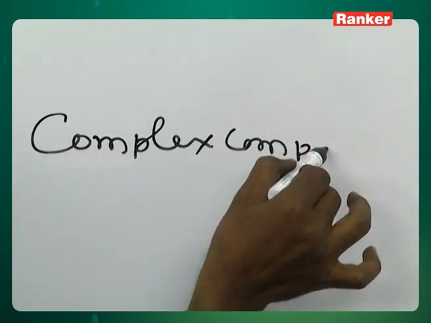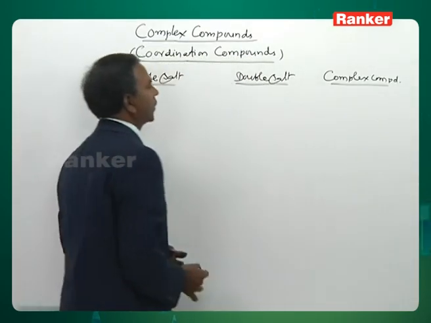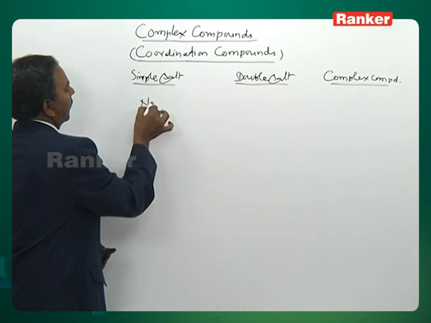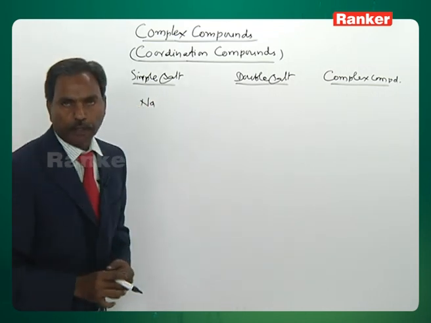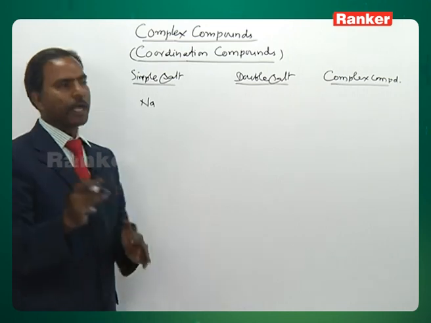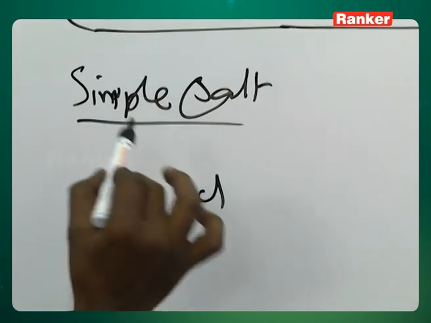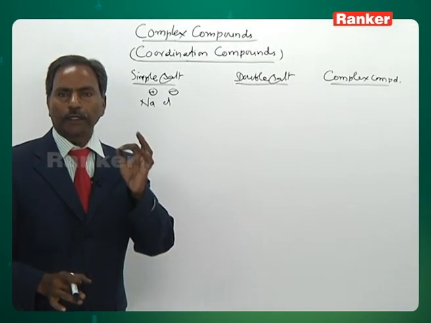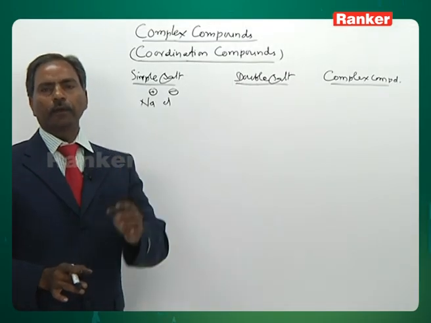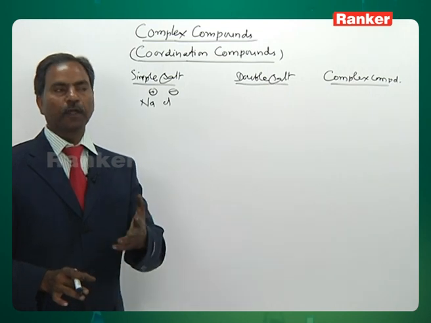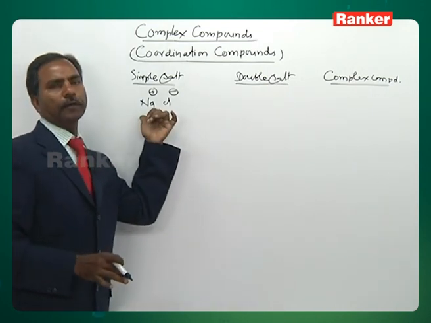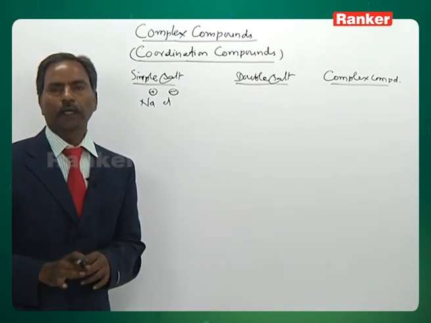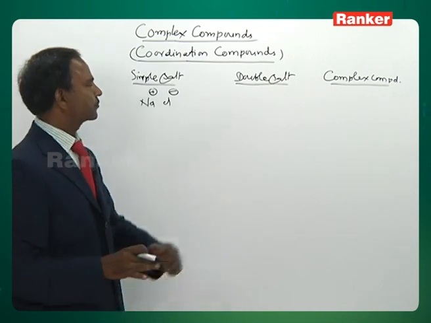A salt which is carrying a distinguished cation and distinguished anion is said to be a salt. What is simple one? It is carrying only one type of cation and one type of anion. That is very simple, therefore it can also be called a simple salt.